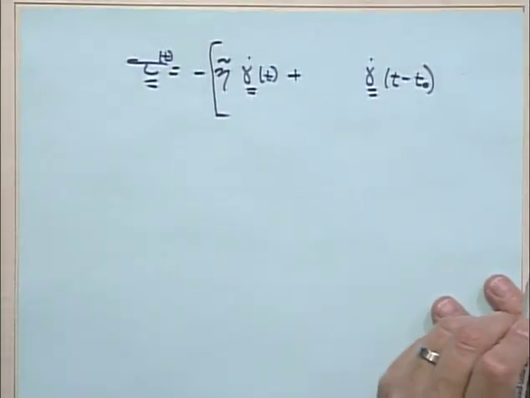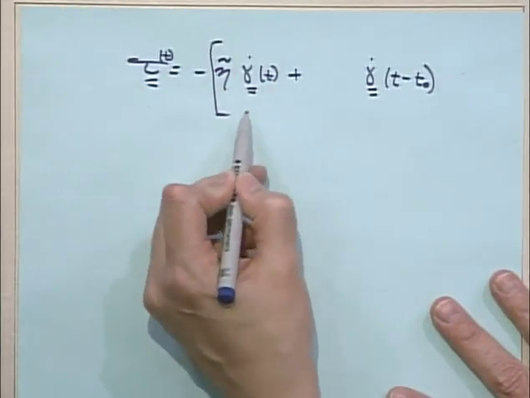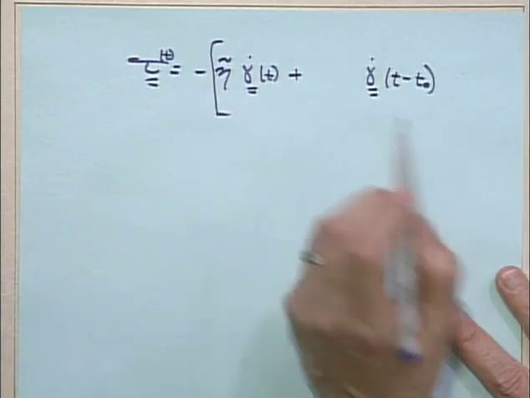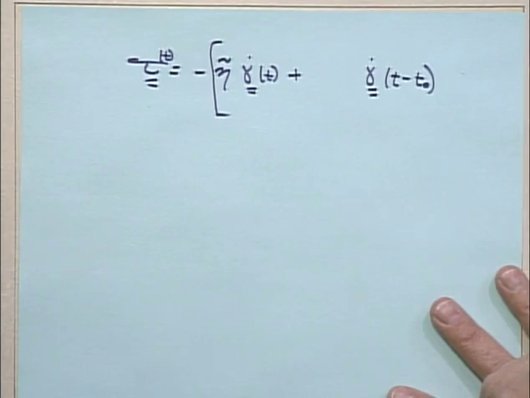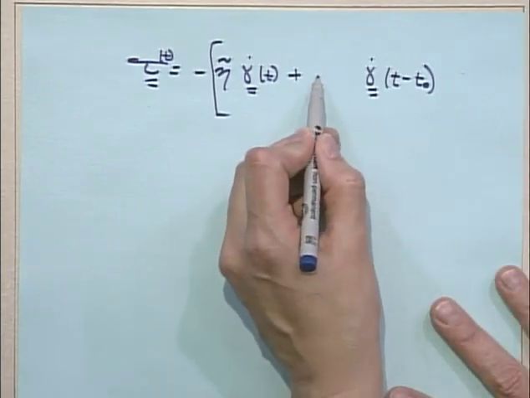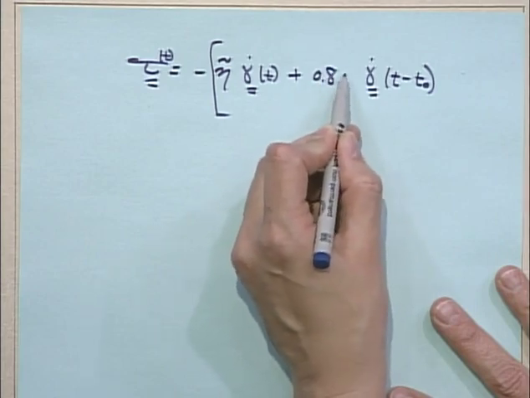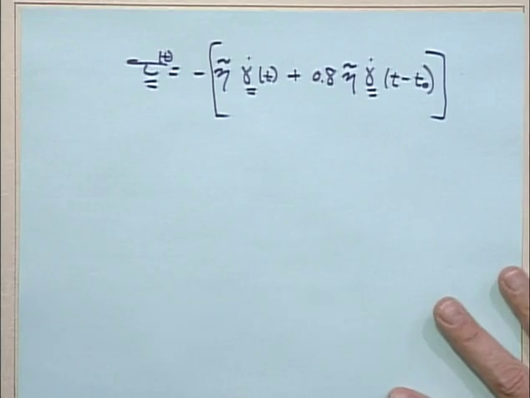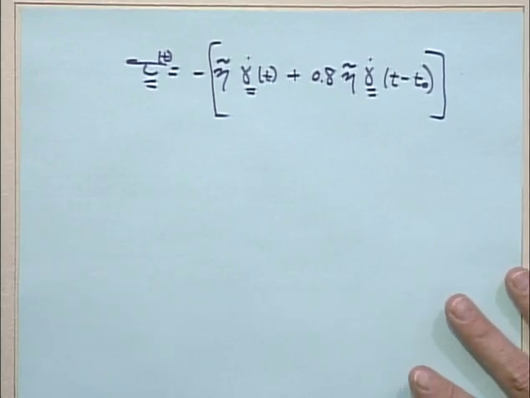So this little model I'm working on here says there's an instantaneous contribution to the stress, and there's a contribution to the stress from what happened 2 t0 seconds ago. And I'm going to just arbitrarily make this contribution 20% lower than the Newtonian contribution.